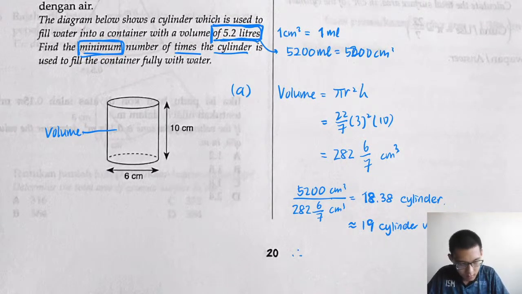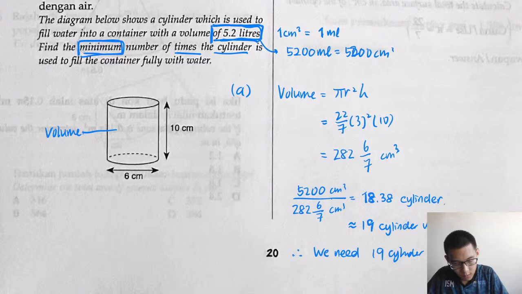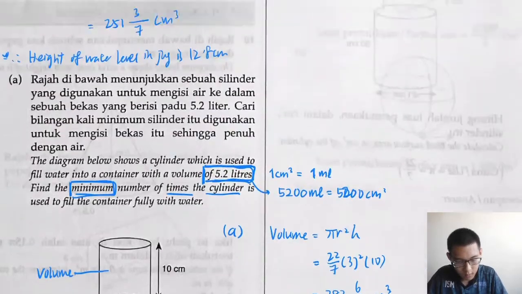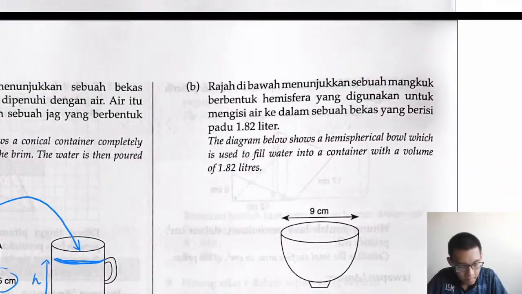That means we need 19 cylinders to fill the container fully with water. So 19.